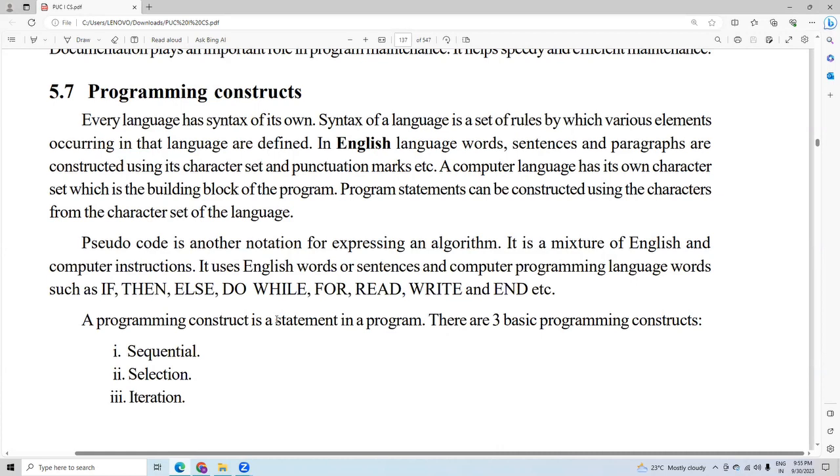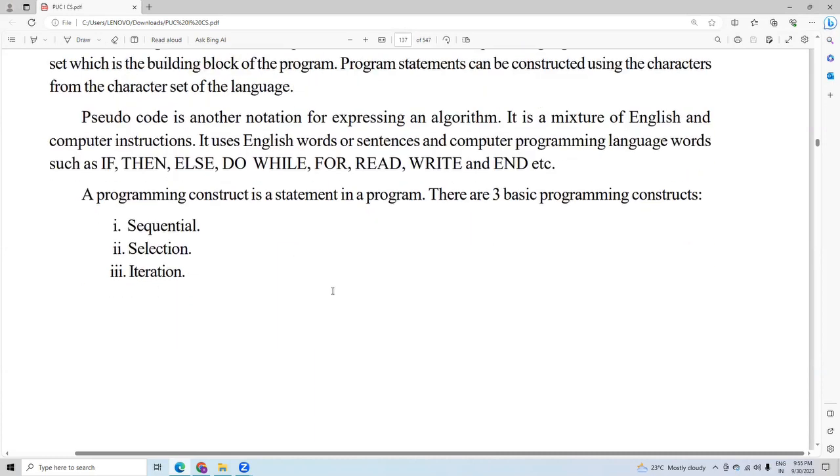So, by using English words and some words like programming constructs, but actually they are not programming constructs, computer instructions like that. By mixing these two, they write it like an algorithm. That is what pseudocode is, where different programming computer words will be there.